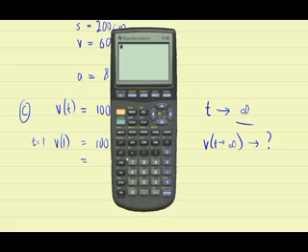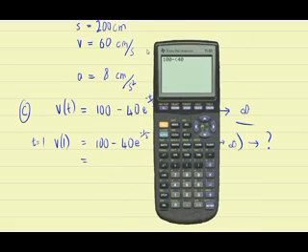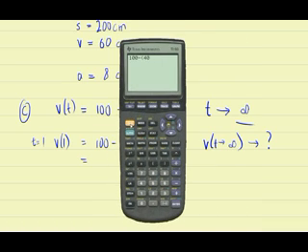So we have a look at 100 minus 40, and we need e to the power of minus 1 divided by 5, close bracket, close bracket.